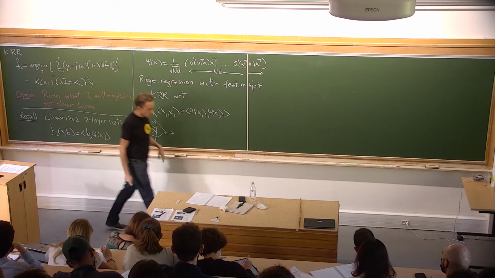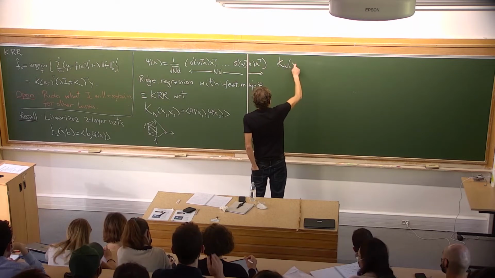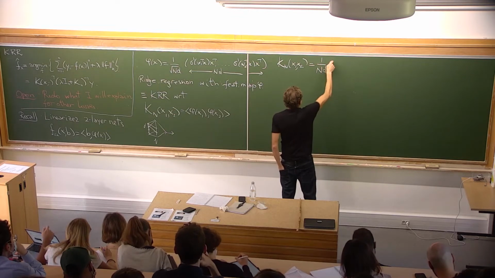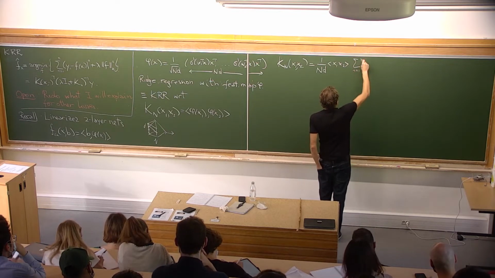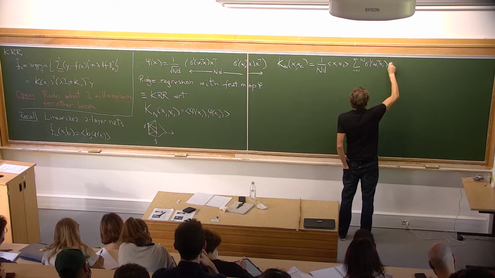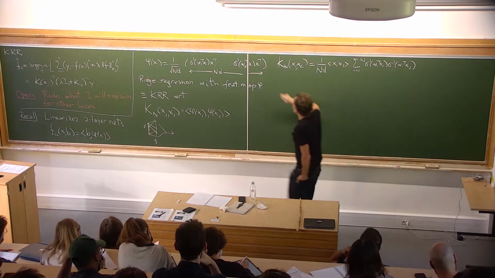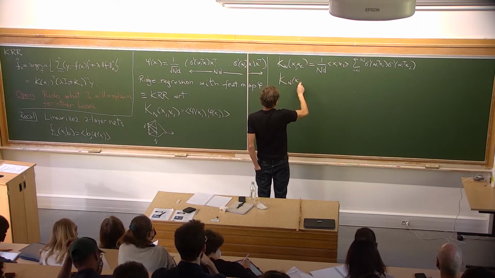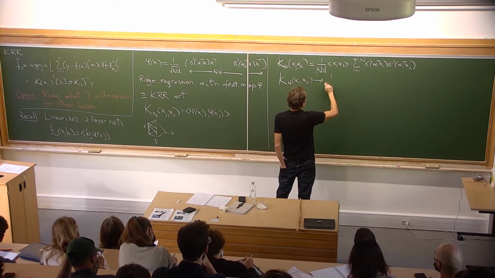Okay, fantastic. So now what is this kernel? This is 1 over Nd, if I compute, times x1 transpose x2, and then the sum over i from 1 to N of sigma prime of wi transpose x1 times sigma prime of wi transpose x2. If I think of going to infinite width, at least pointwise, it's obvious that by the law of large numbers this converges to 1 over d.